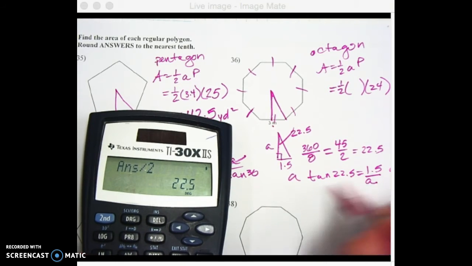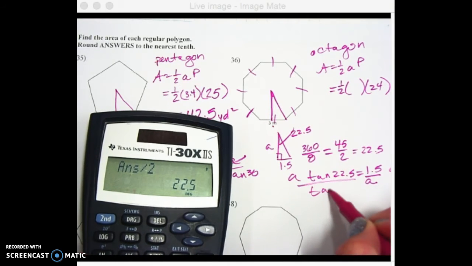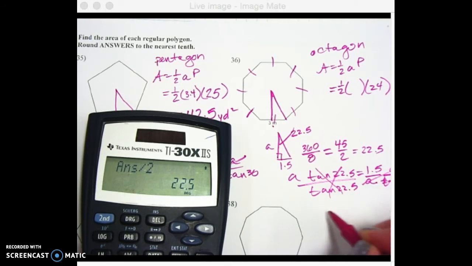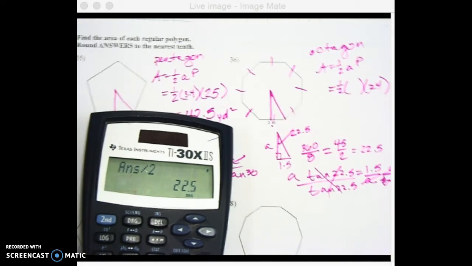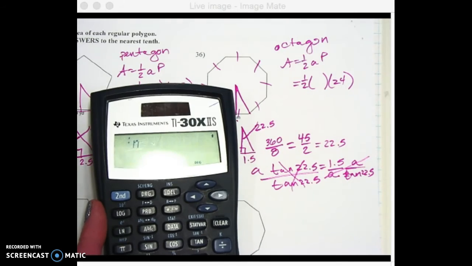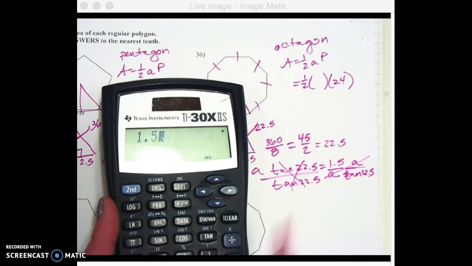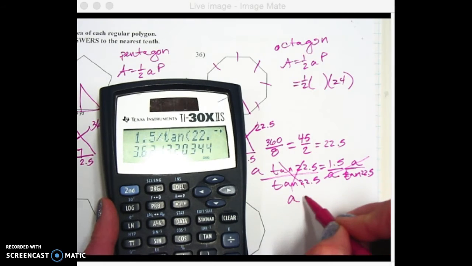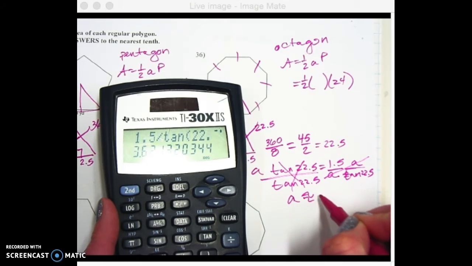Multiply both sides by a, divide both sides by the tangent of 22.5. These cancel. So I'm just going to do 1.5 divided by the tangent of 22.5 on my calculator. And that means the apothem is roughly 3.6.